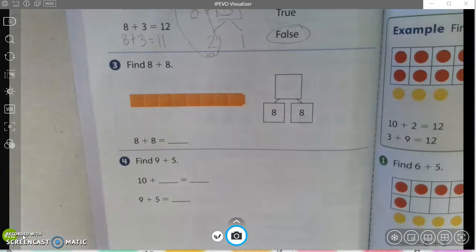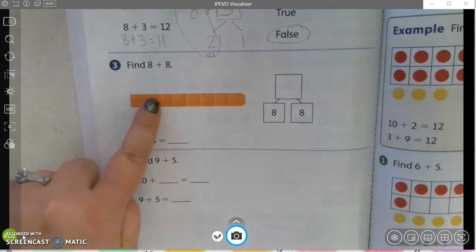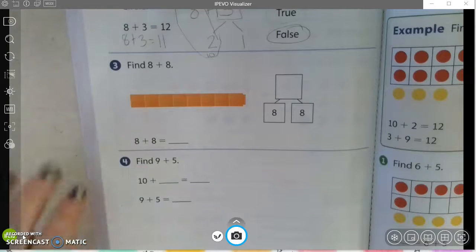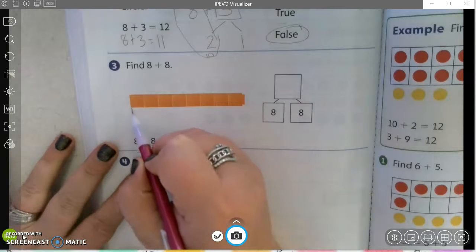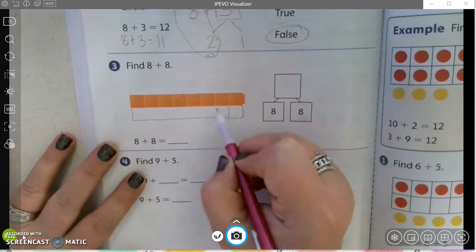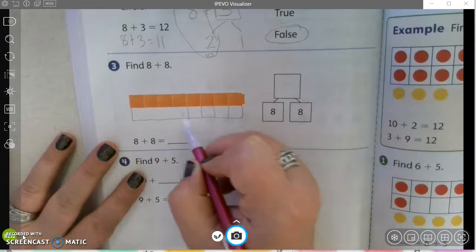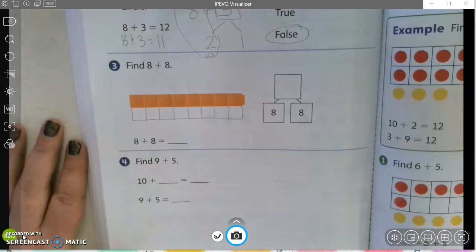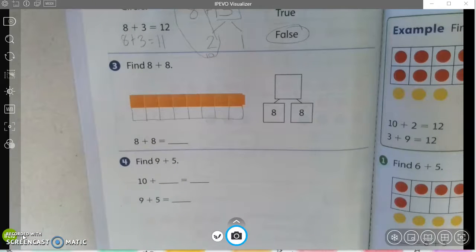Find 8 plus 8. So they've given us 1, 2, 3, 4, 5, 6, 7, 8 squares. We can continue this down here and count the squares. Oh, excuse me.